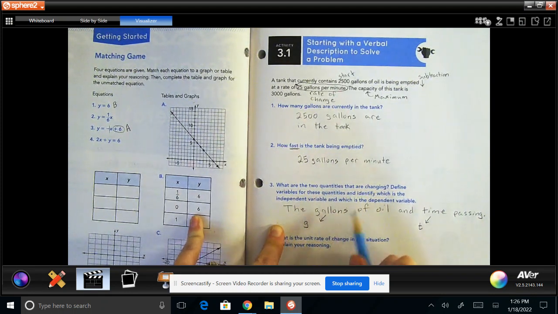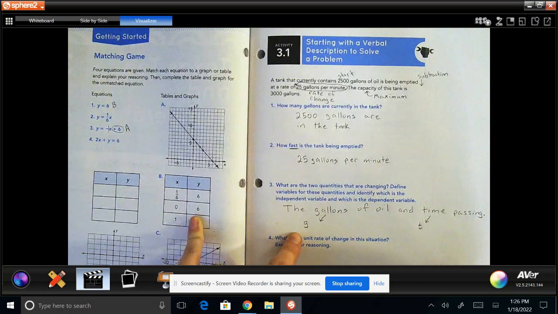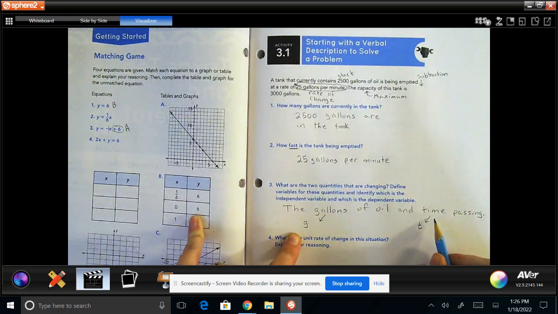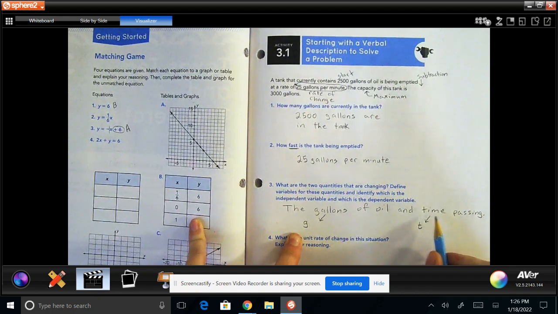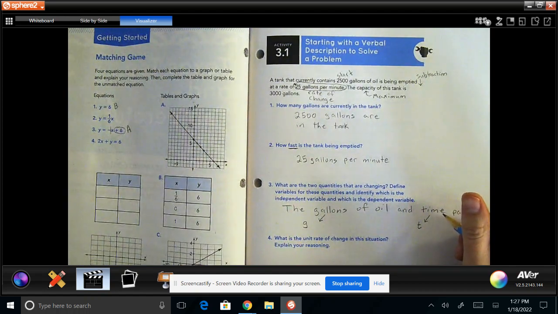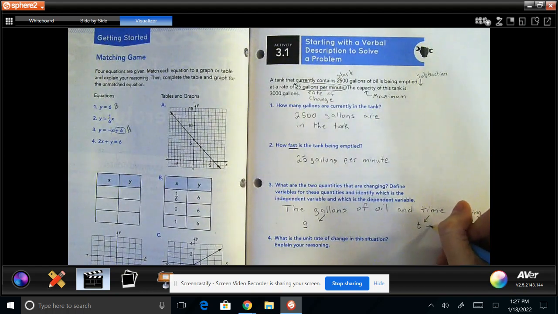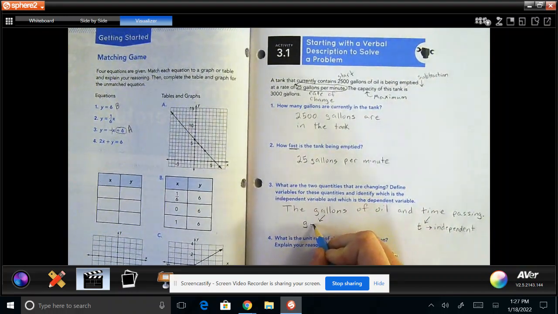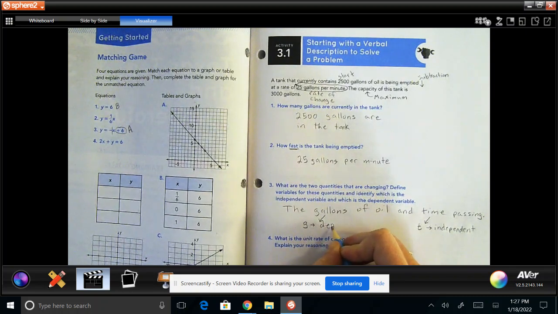Identify the independent and dependent variable. Well, does the gallons depend on the time passing or does the time depend on the gallons? Well, time doesn't depend on anything. Time keeps going. So that means that time must be the independent variable. And the gallons is the dependent.